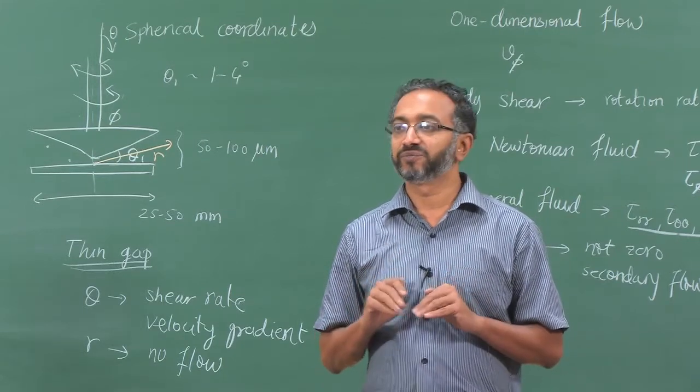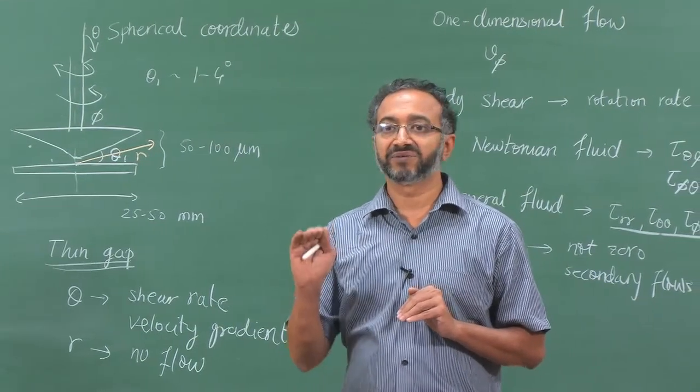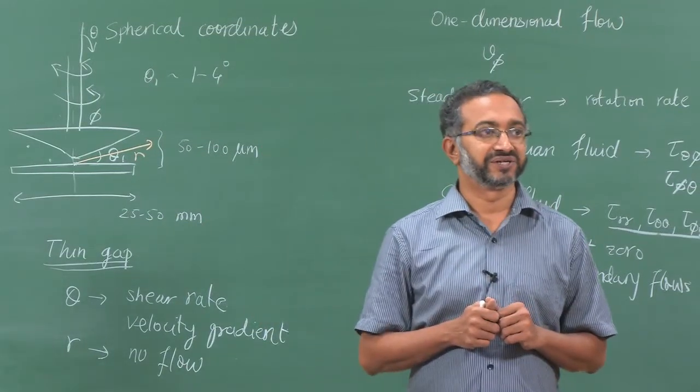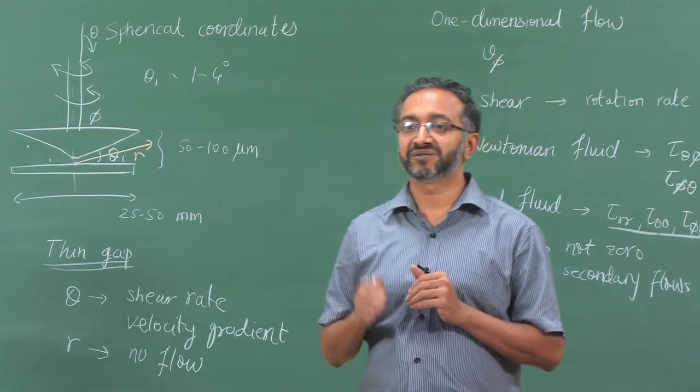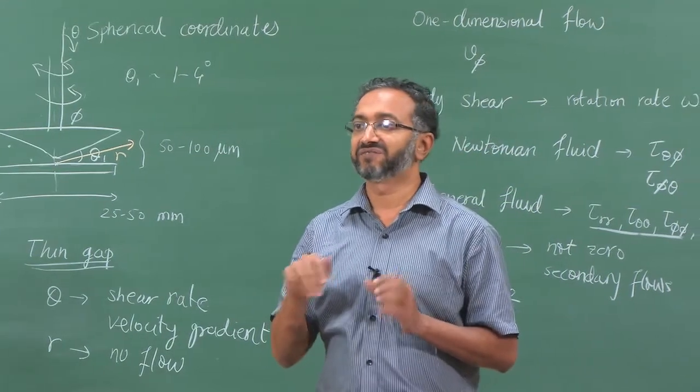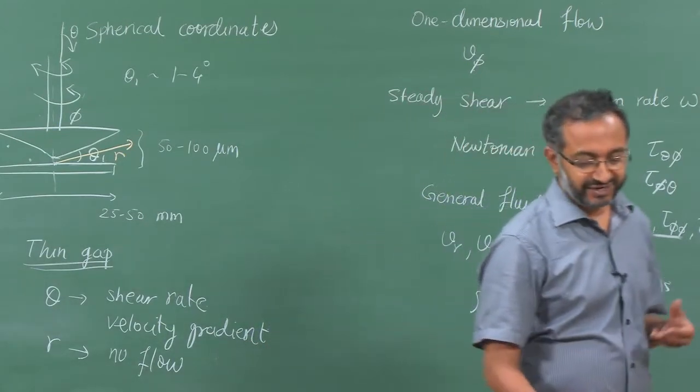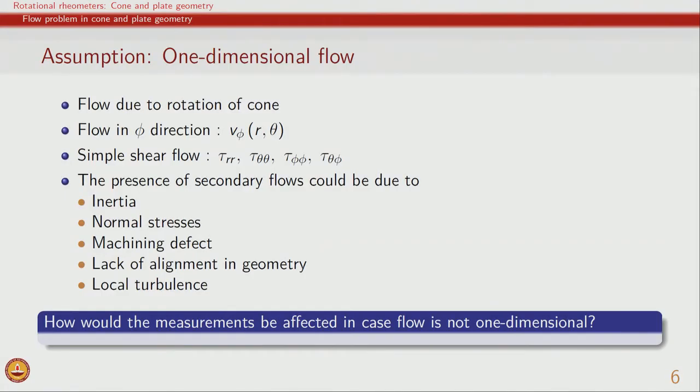Suddenly at some point you might see that the viscosity being measured is higher than the viscosity of the fluid, then clearly that is a transition point at which secondary flows have developed. So, therefore, secondary flows will most often lead to higher viscosity measurement.